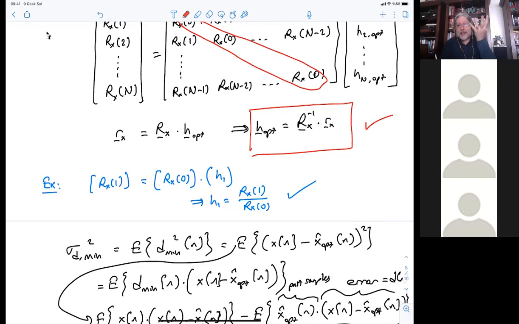So how does it get minimized? In two dimensions, it must become a paraboloid sort of thing, and the minimum point is found for the sigma d square. And that minimum will give you the optimum points of h1 and h2 axis. We will visualize that one.